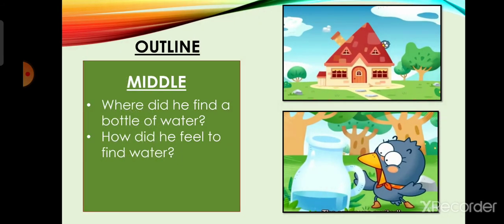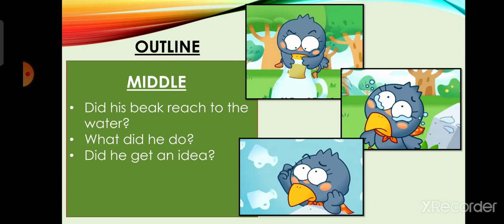Then in the next paragraph, the story will proceed. It is the middle of the story. The character will get the problem. Okay? Where did he find a bottle of water? How did he feel to find water? Did his beak reach the water?